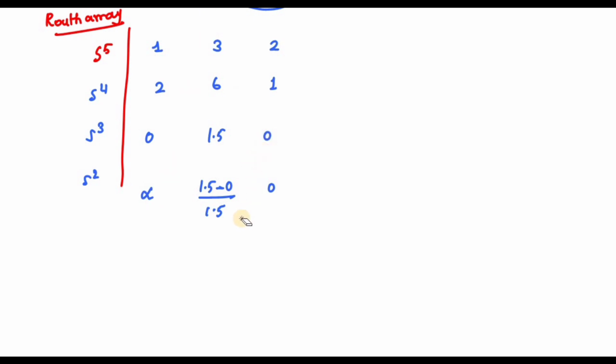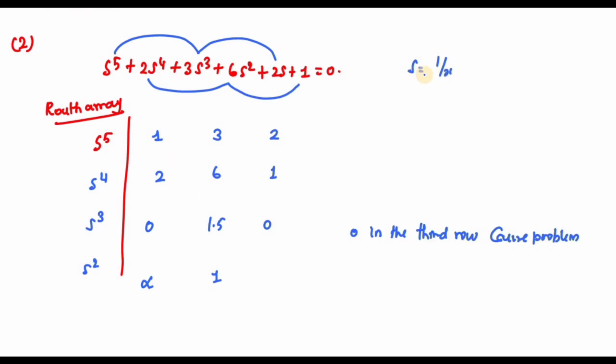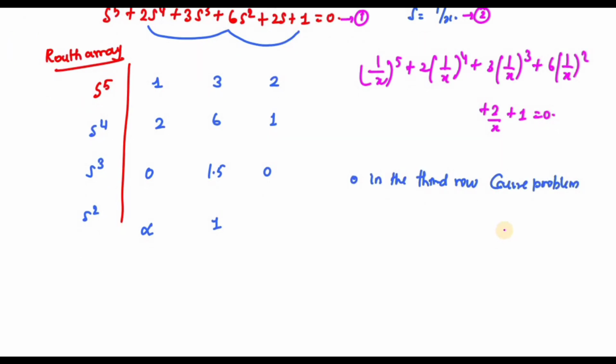Therefore I'm going to substitute s equals 1 by x into the first equation. Substituting, I get (1/x)^5 plus 2 (1/x)^4 plus 3 (1/x)^3 plus 6 (1/x)^2 plus 2 (1/x) plus 1 equals 0. Multiplying by x power 5 on both sides, I get x power 5 plus 2 x power 4 plus 6 x cube plus 3 x square plus 2x plus 1 equals 0.